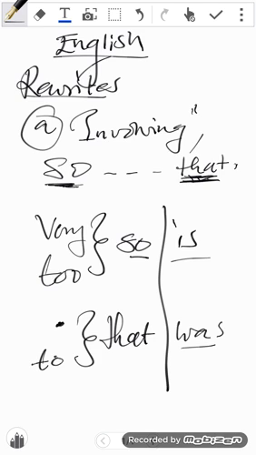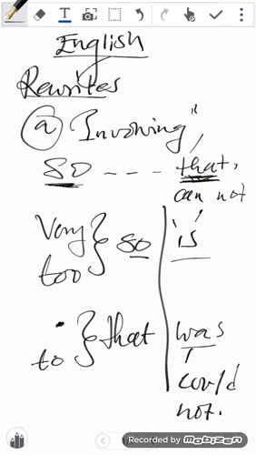Now, if you see the be verb is, make sure that if you want to rewrite the statement in a negative format, please involve the phrase cannot. But if you find was, make sure you involve could not.